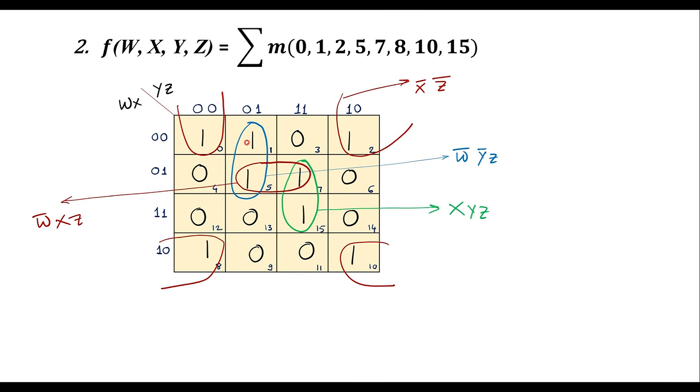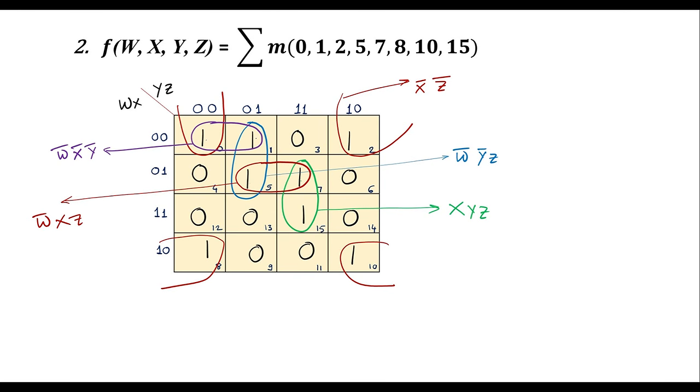Also these two ones we can make a pair. The value for this will be w bar x bar, and between these two rows and columns 0 is common, that is y bar.